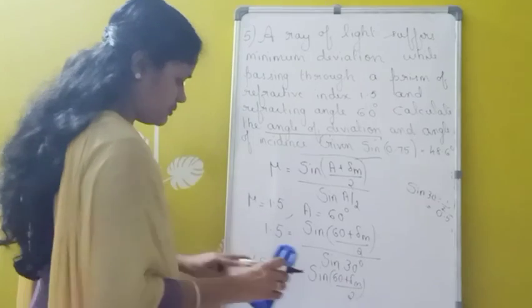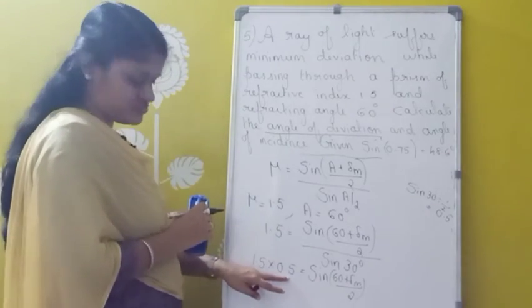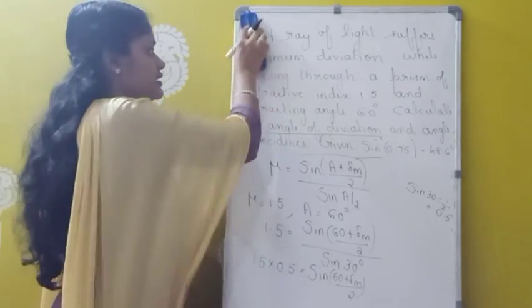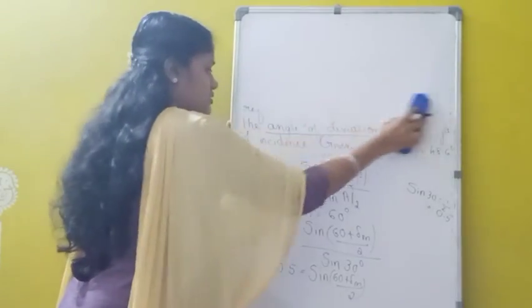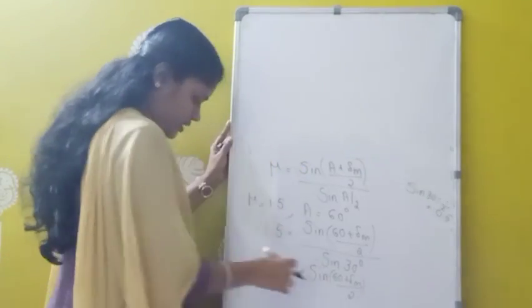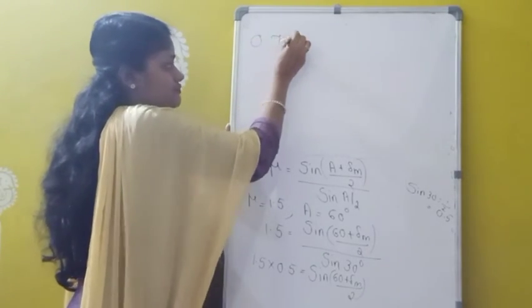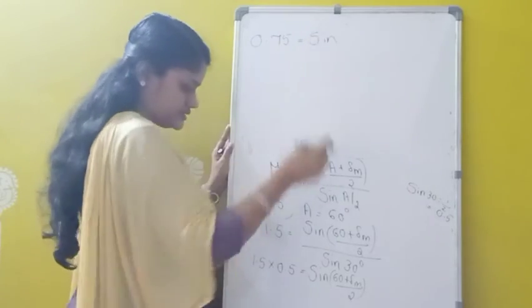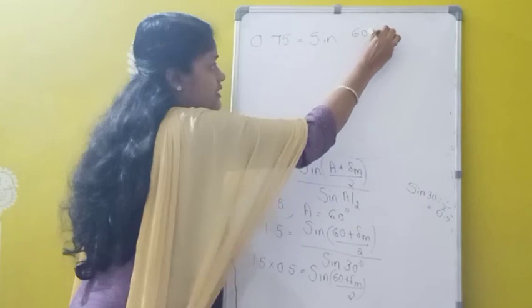Okay. Now when you multiply 1.5 into 0.5, 15 into 5 is 75, so putting the decimal you will get 0.75 equals, on the right hand side, sine of (60 plus delta m) by 2.